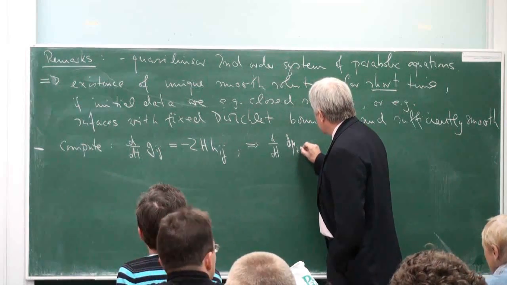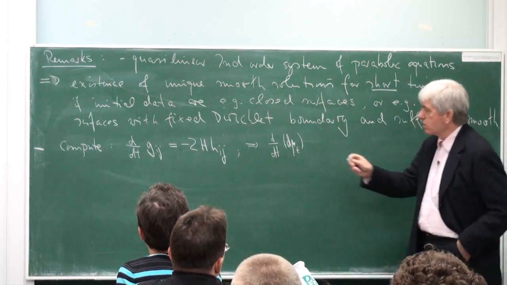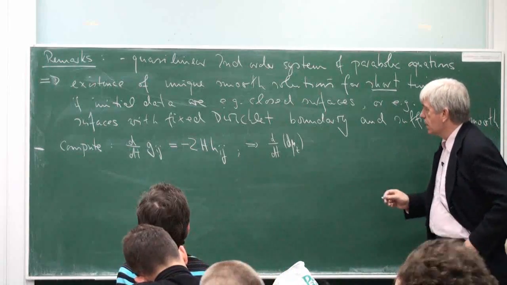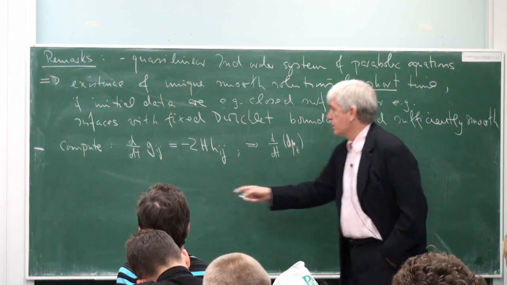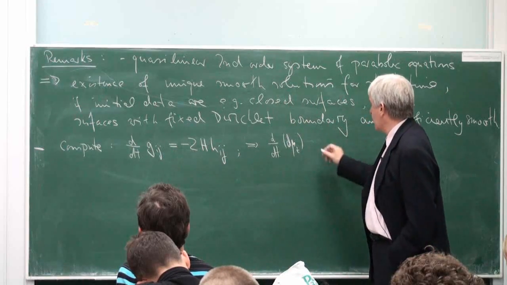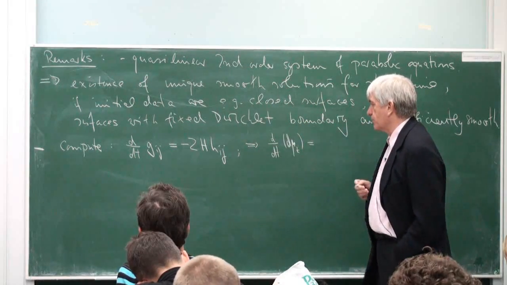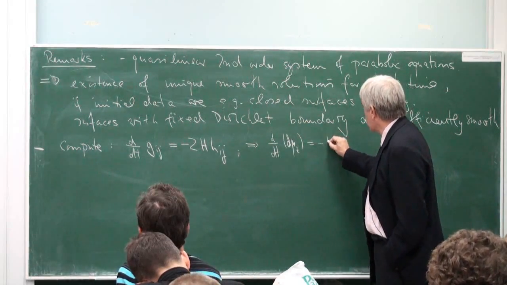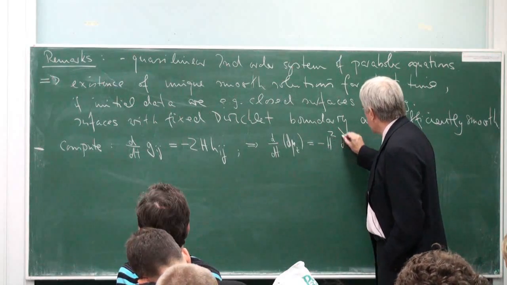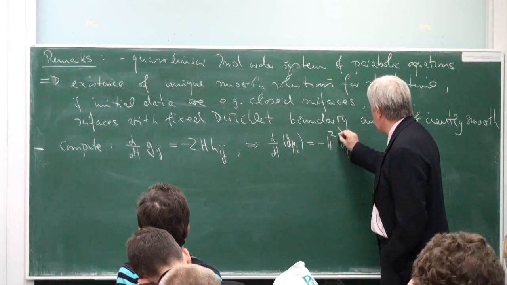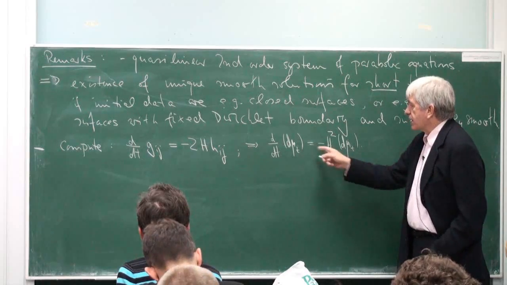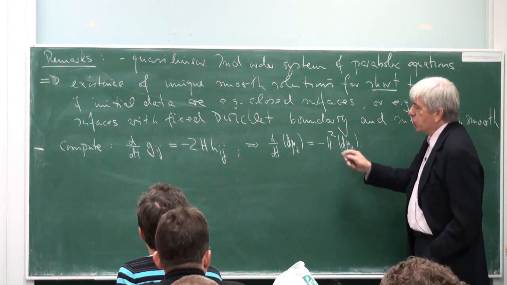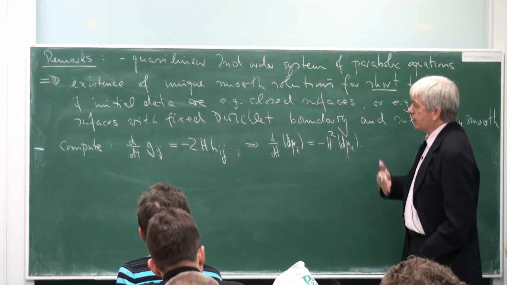So if you take the measure on the surface, on these moving surfaces, and you compute from here, this is just the determinant of Gij times dx. You do the computation, differentiate the determinant, you get minus the mean curvature squared times d mu t. You always get minus the mean curvature times the speed of the surface in normal direction.